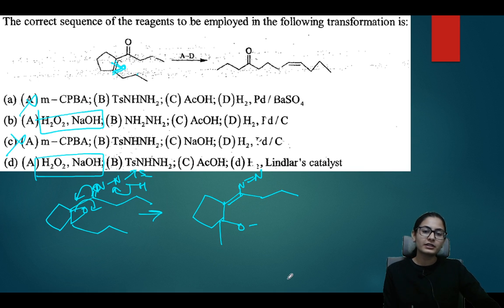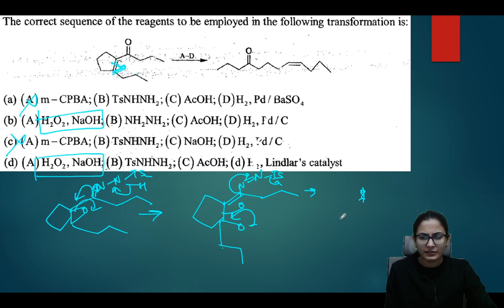So 1, 2 and 3, like this, and the bond opens up in this manner. If the bond opens up in this manner, there is going to be fragmentation. So there is going to be fragmentation this time, and what is going to happen?